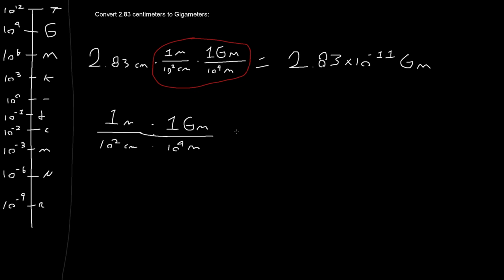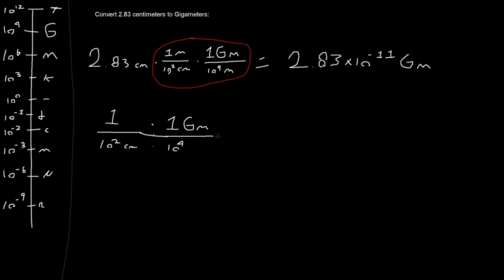We see that there's two m's here, so we can cross these out. So now we have 1 times 1 Gm over 10 to the 2 cm times 10 to the 9.